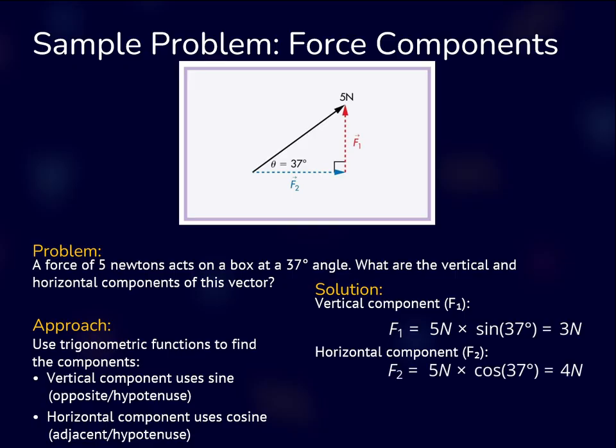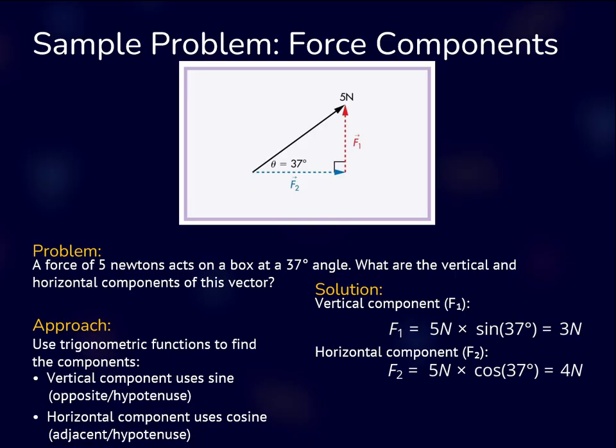Now let's solve the horizontal component, the part of the force that pushes the sled forward. This is adjacent to the angle, so we will use cosine. So that horizontal side, in this case it's F2, meaning the diagram on the screen, is equal to 5 newtons multiplied by cosine of 37 degrees.